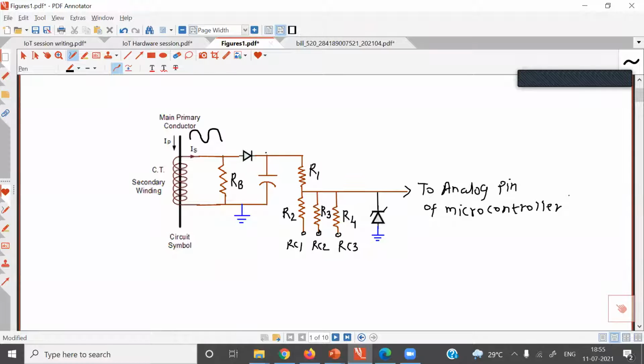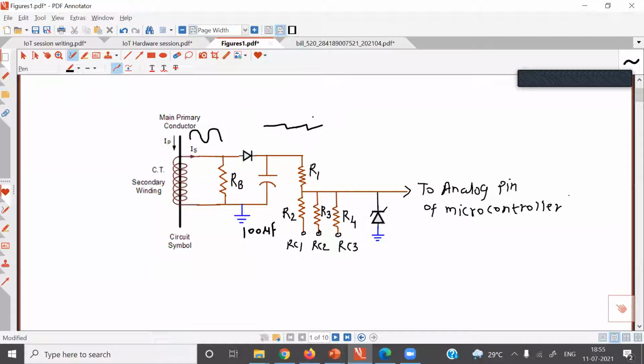At the output of rectifier, I use electrolytic capacitor. So with the help of electrolytic capacitor, what we get is DC. This DC may not be pure, small ripple will be there. The value I use is around 100 microfarad.